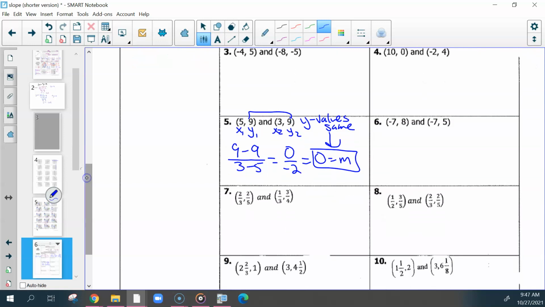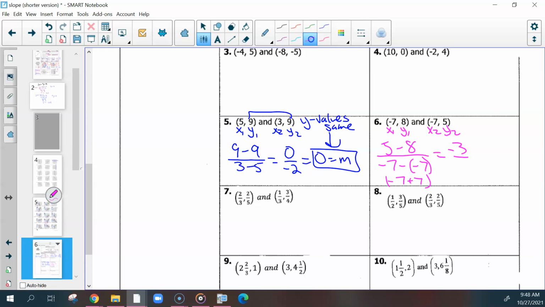For number 6, do the same process. So we would have 5 minus 8 over -7 minus a -7. 5 minus 8 would give you -3. -7 minus a -7 would be the same thing as -7 plus 7. 0.